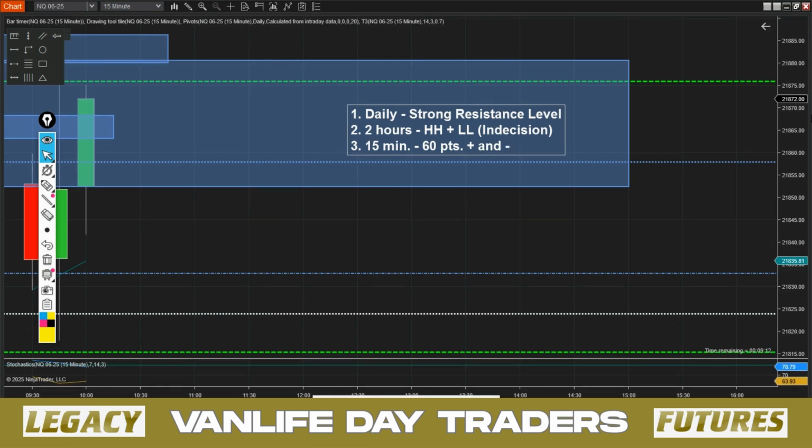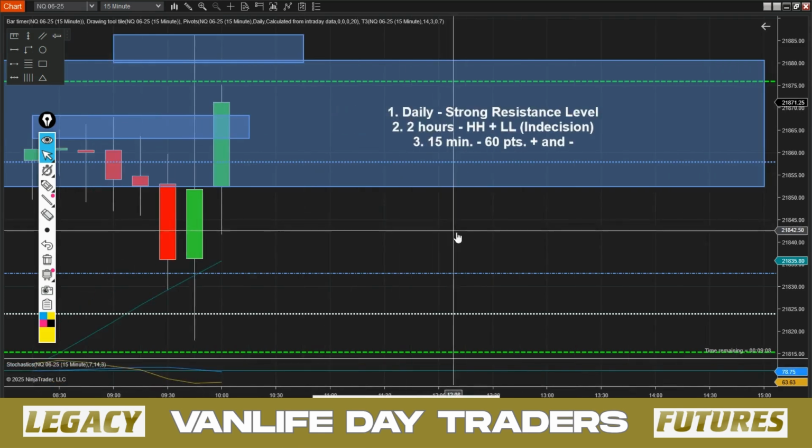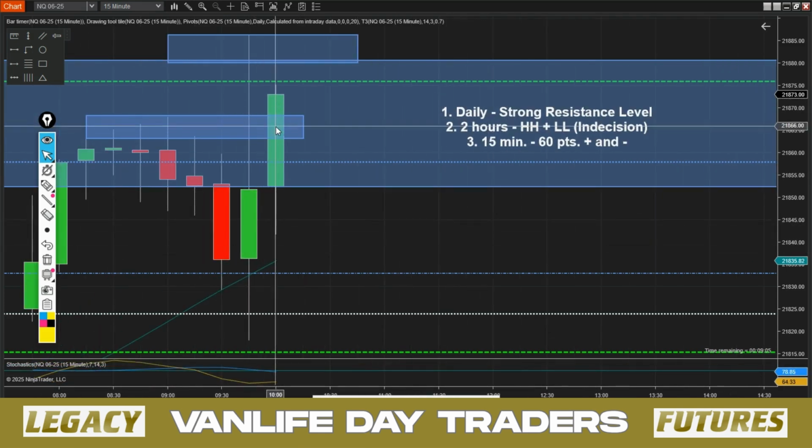So is this market tradable? Of course it is. I mean, 60 points is huge. We now have an opening, an entry here, 52, and it's given 20 points already.